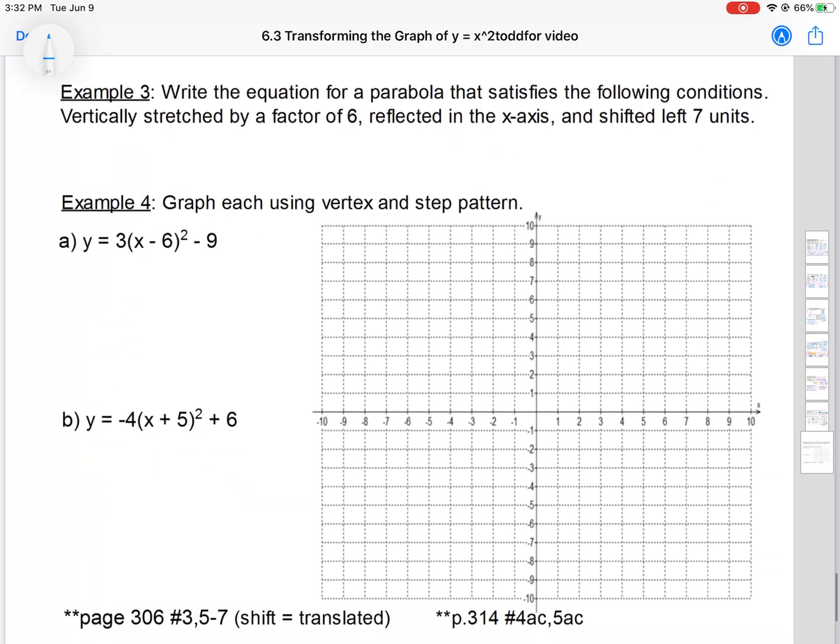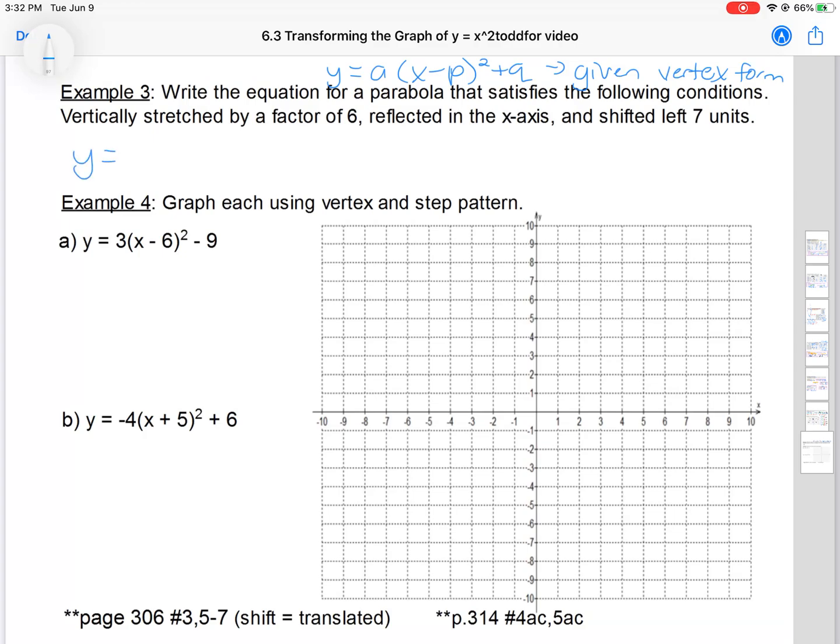And then this one here, write an equation for a parabola that satisfies the following conditions. Okay, so even if this was in class, I would give you what vertex form was. So you could look at that and plug in what you're given here.